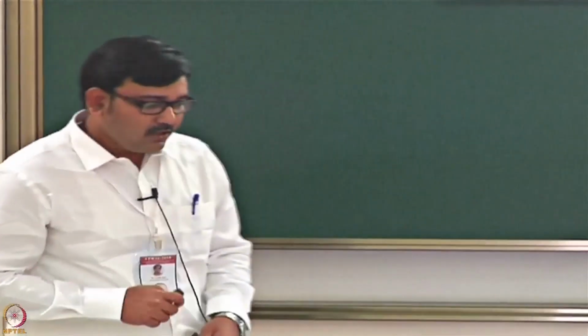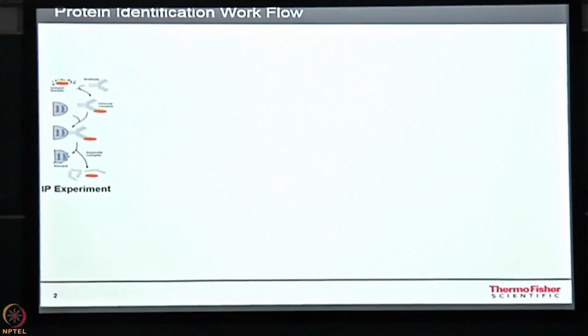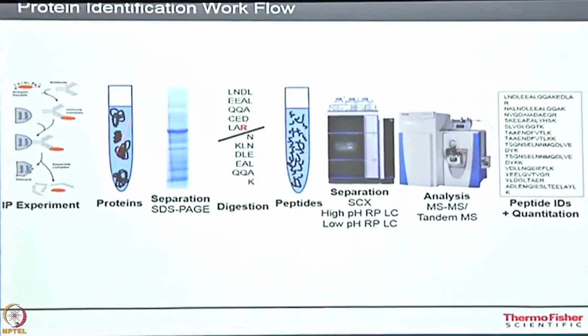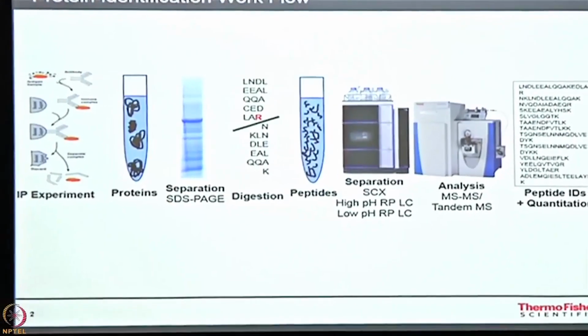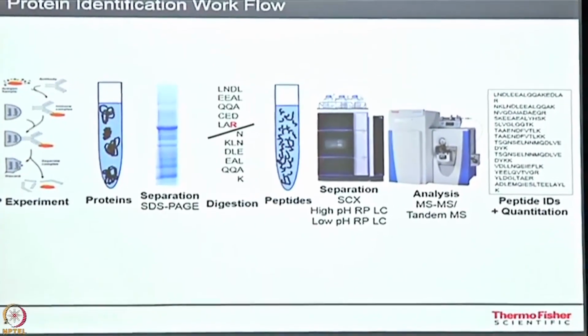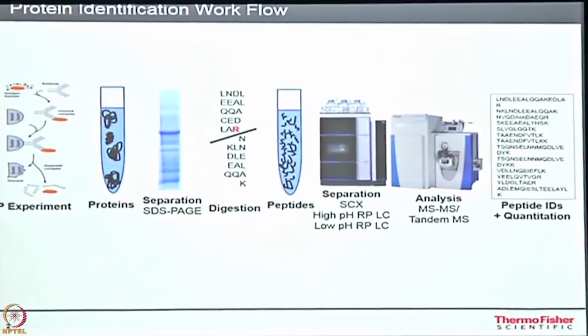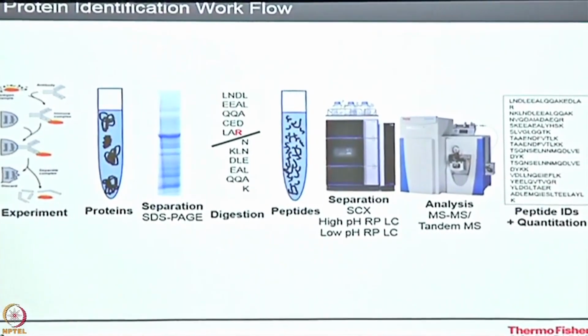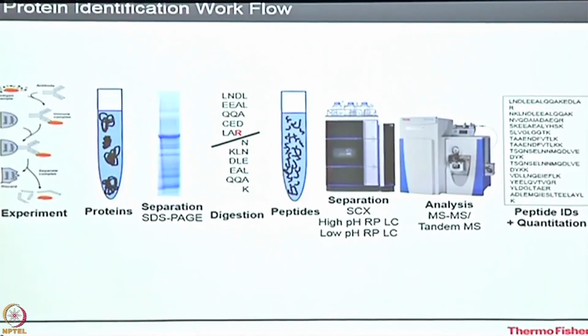You have already done this experiment, so you have precipitated the protein. What is the next step? Either you run an SDS-PAGE, or in solution you can digest the protein with some protease, for example trypsin, which cuts after arginine and lysine. Then it makes a peptide mixture.